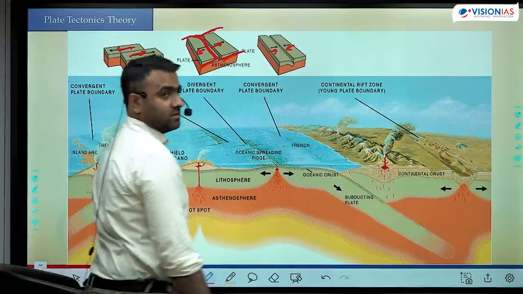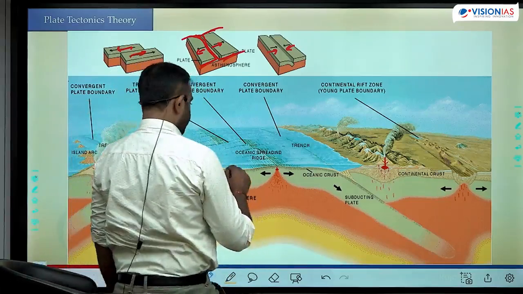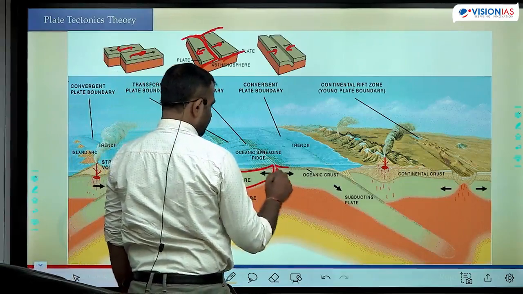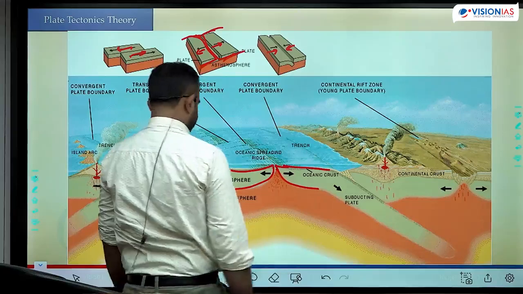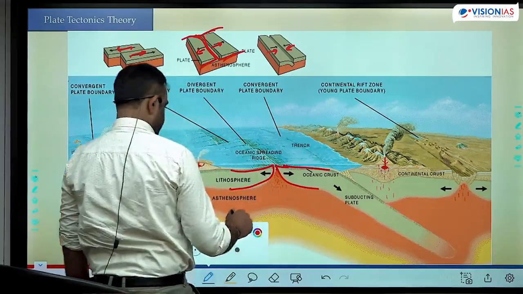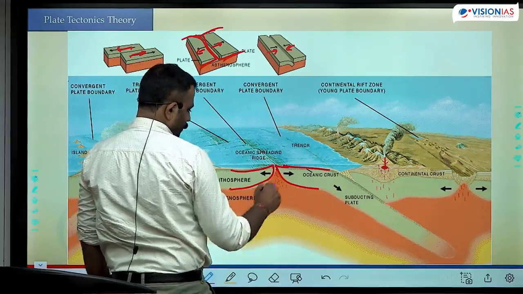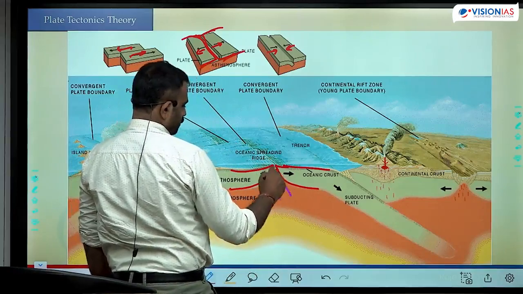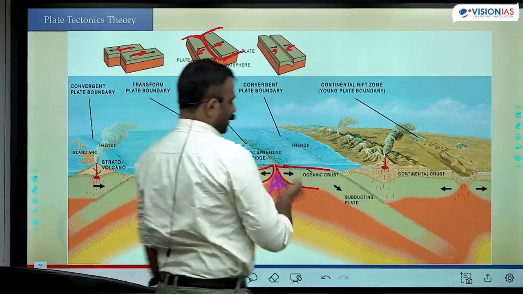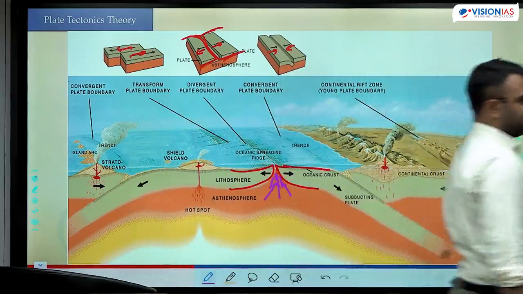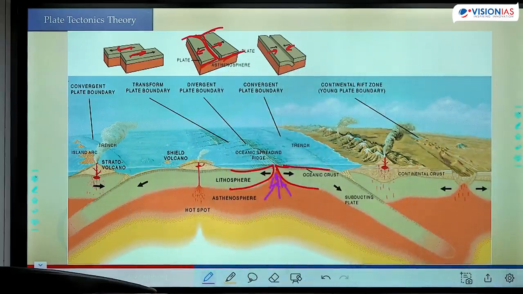What exactly happens along the ocean divergent plate boundary? So this is the rising magma. There's more magma coming through this part where there is a mid-oceanic ridge, where there is a crack in the oceanic floor. Why? What is the reason behind this?